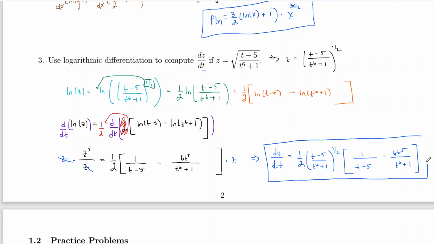And a lot of times when you do logarithmic differentiation for something that can already be done another way, it looks pretty messy. One thing I always like to specify is that if we had done the derivative of this from scratch and we did the chain rule, so we bring the 1/2 down, we rewrite the inside, subtract 1 from the power to the negative 1/2, then this would be a negative 1/2.